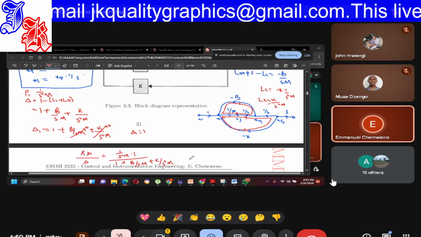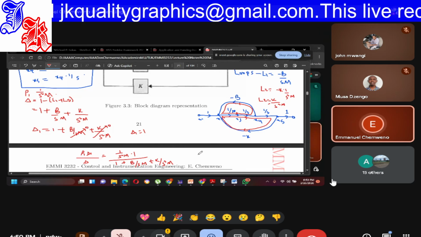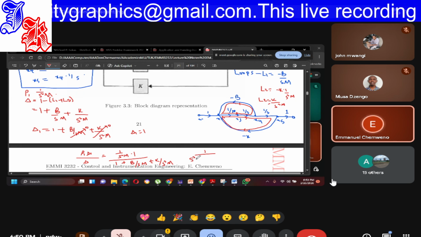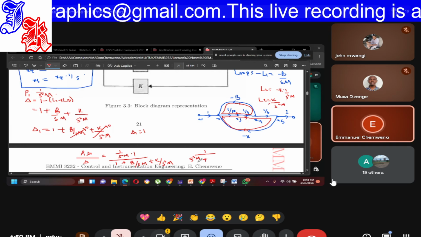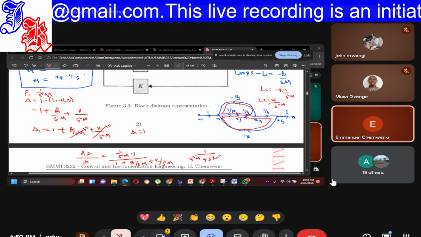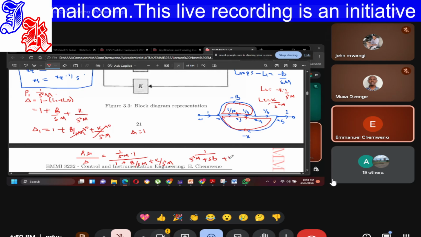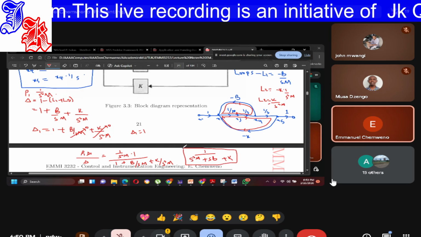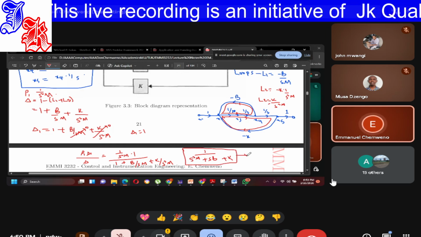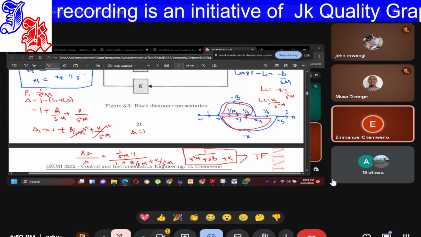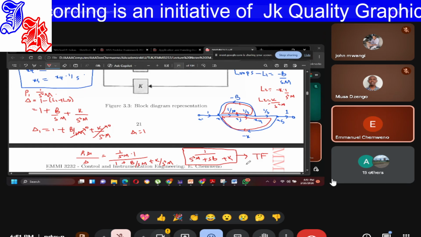If I multiply through by s squared m, I will get 1 over s squared m plus sb plus k, which is the transfer function of the system. We have looked at this before.